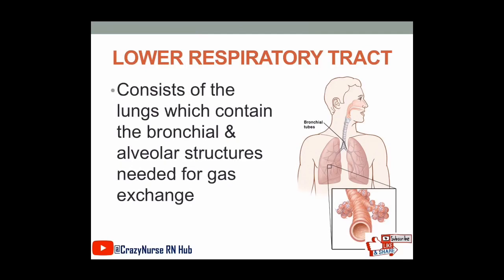It consists of the lungs, which contain the bronchial and alveolar structures needed for gas exchange. As I have mentioned, your lower respiratory tract is mainly the lungs, and inside the lungs we could see bronchial and alveolar structures, which are mainly responsible for gas exchange.